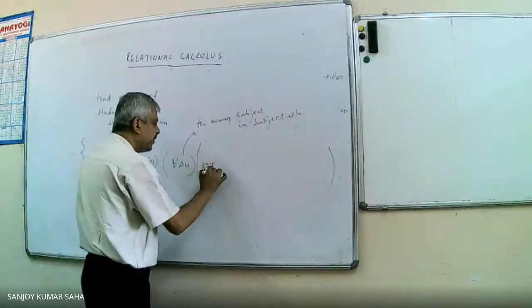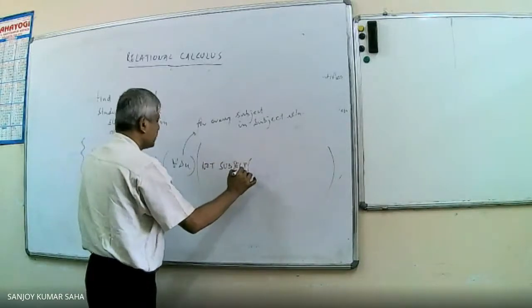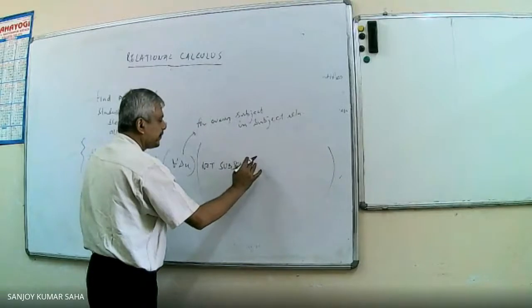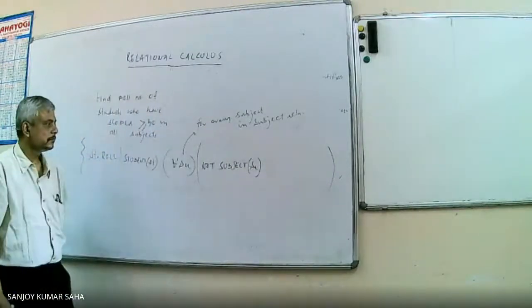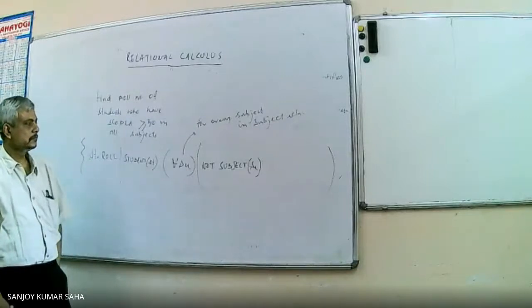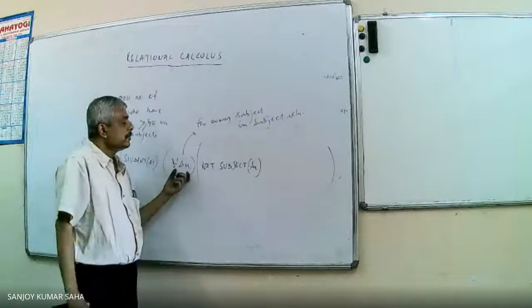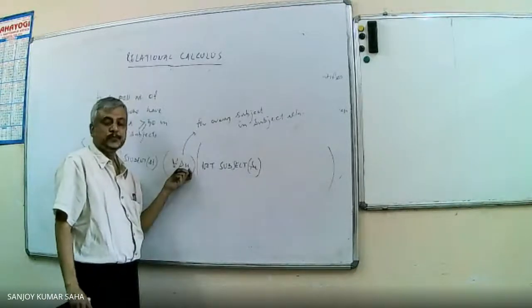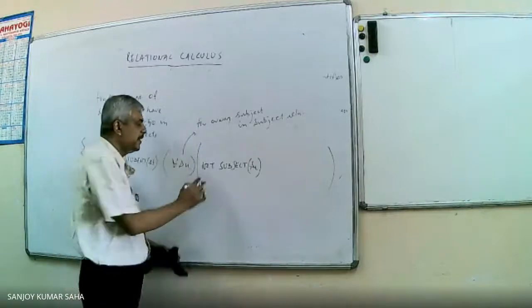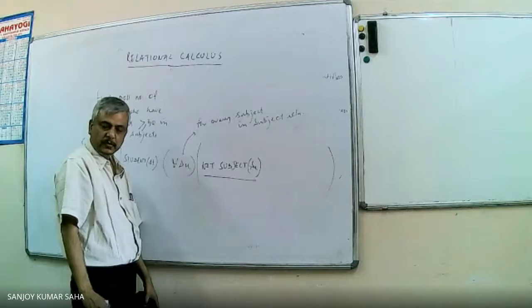So if I write not subject SU, that means for non-subject tuples from the universal relation, this makes it true.